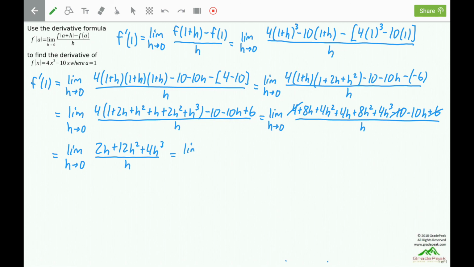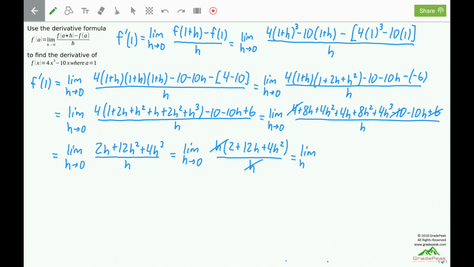We still have the 0 over 0 indeterminate form, but we have an h in every term that we can factor, and that's always our goal. I will factor an h out, leaving me with a 2 plus a 12h plus a 4h squared, all divided by h. The h's can cancel.